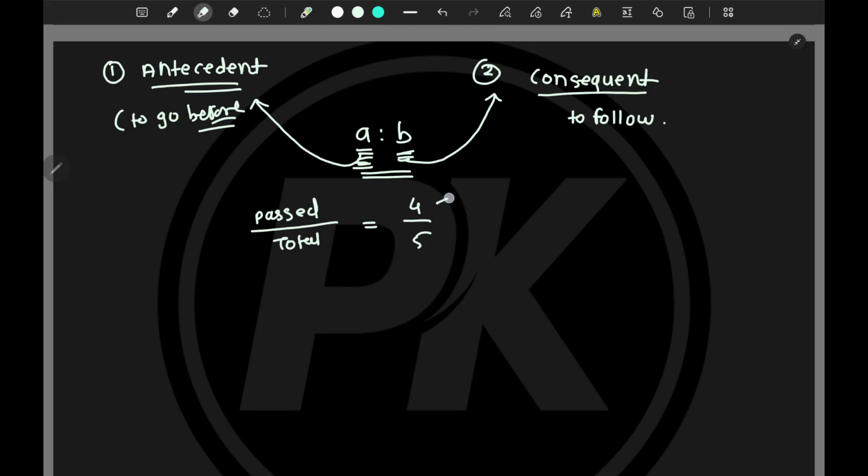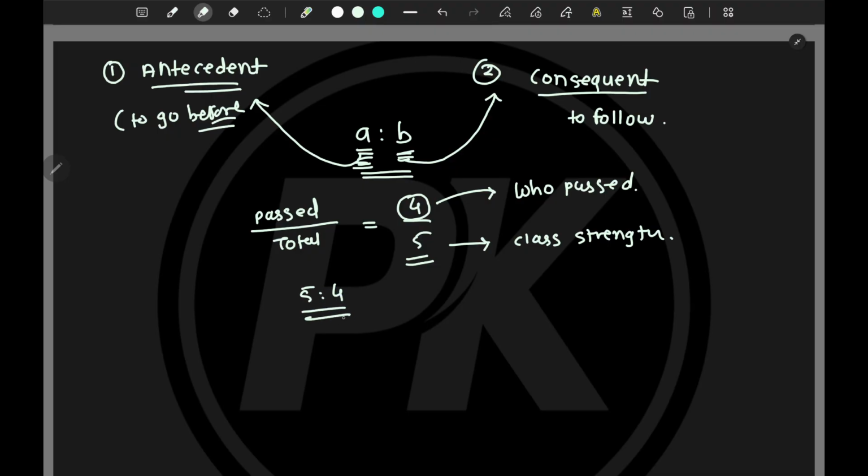That means the antecedent is 4, which represents those who passed the examination, and the consequent represents the total class strength. If you accidentally swap them and say 5 as to 4, the logic fails, because we cannot have 5 students passed out of 4 students.